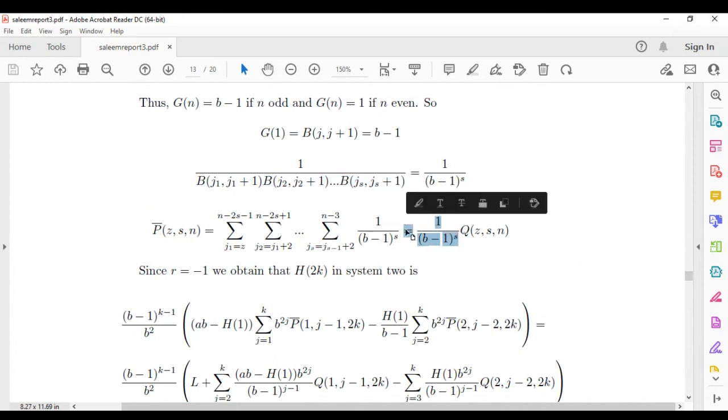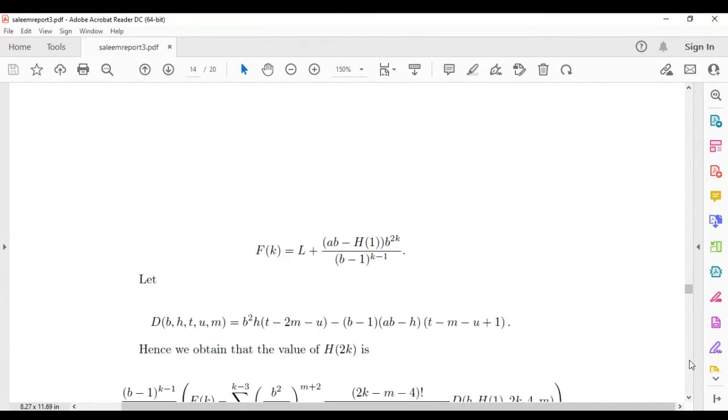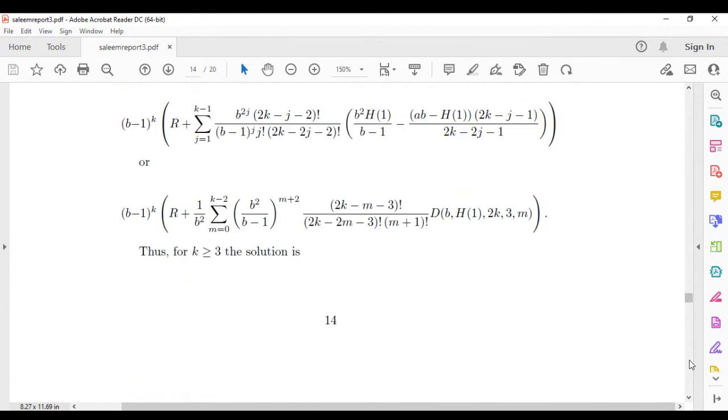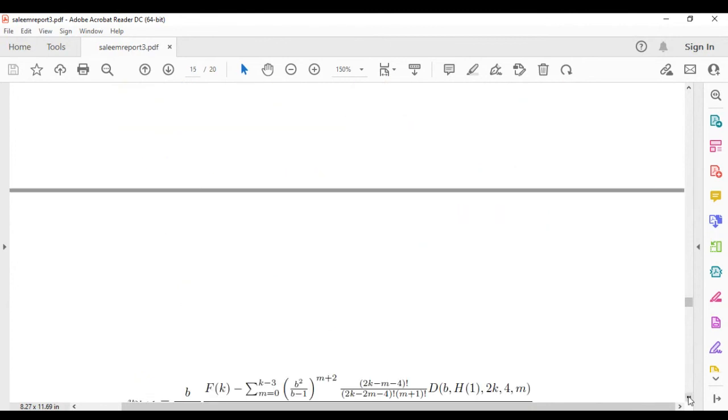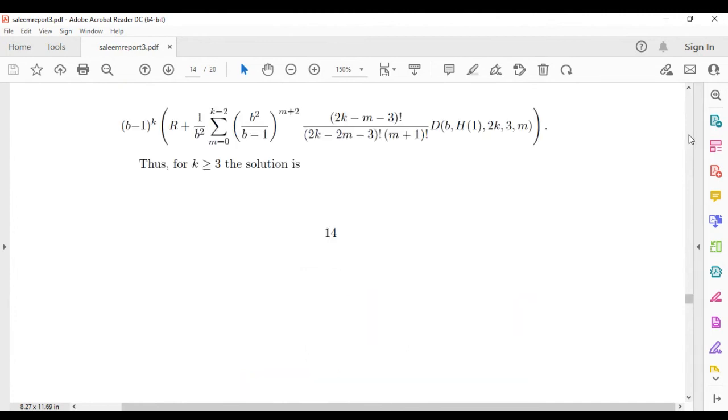And this expression includes this term q. We didn't find a very simple formula for the solution. Anyway, we reached that the solution must have this form, where D and Fk are determined here in this paper.